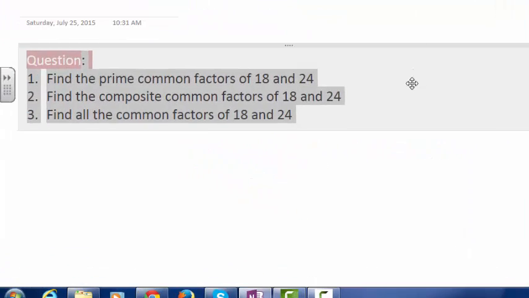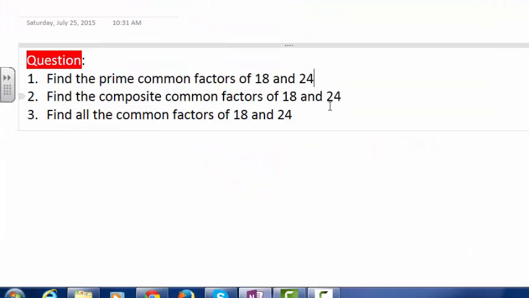Next, we have a question here. I need you to understand the difference between these questions. Find the prime common factors of 18 and 24. Find the composite common factors of 18 and 24. Find all the common factors of 18 and 24.